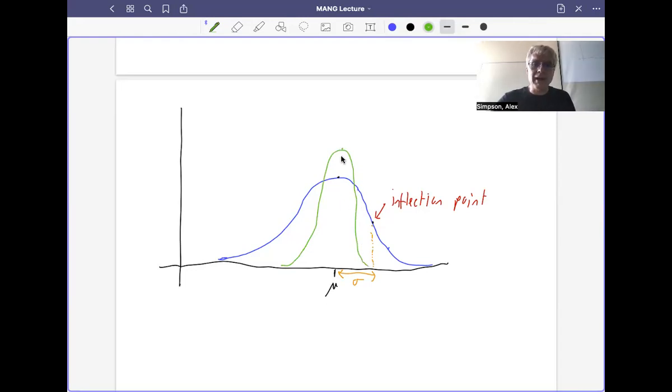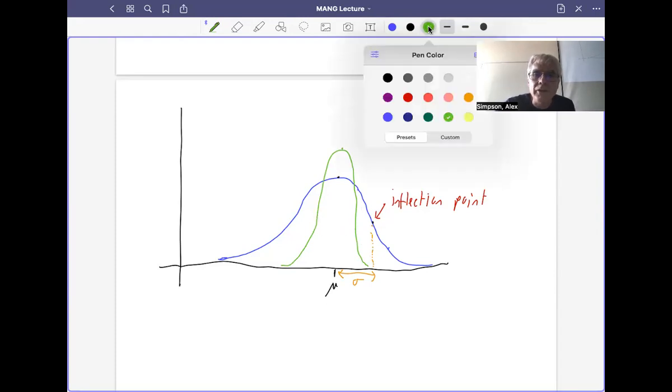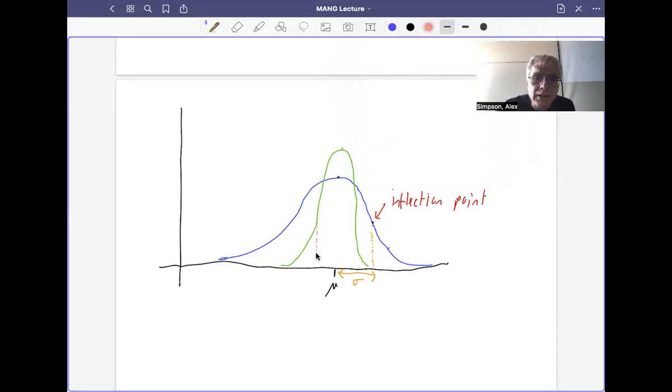Now this would have the same average, but here I haven't drawn it so well, the point of inflection would be somewhere here. Let's maybe put this in pink. For this curve, this would be narrower. So for the green curve, we would have a different standard deviation. That's the distance from the mean to this point of inflection.